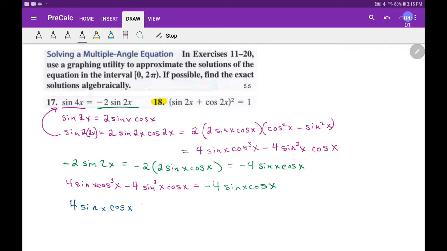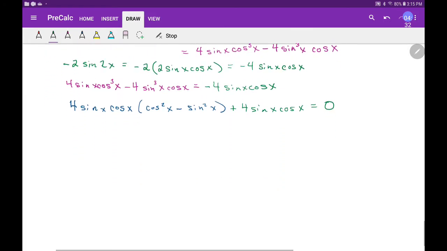And I realize we're kind of going around in circles a little bit here. Cosine squared x minus sine squared x. Probably didn't need to do all this just to say this. And then let's add the one on the right to the other side. And then we'll be equal to 0, right? Okay, so we moved it over to the other side.